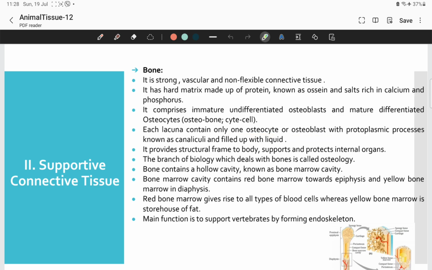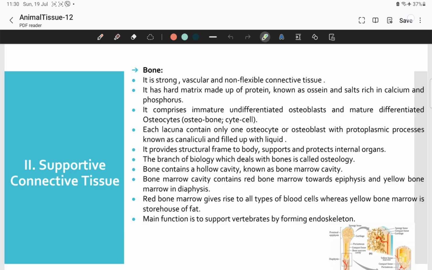In the case of cartilage, one lacuna can have one or many. There was no obligation, so it could be one chondrocyte or many. But in the case of bone, one lacuna can have only one cell, either osteocyte or osteoblast, and it also has some protoplasmic processes that we'll discuss later in its structure, called canaliculi, and that space is filled with liquid.